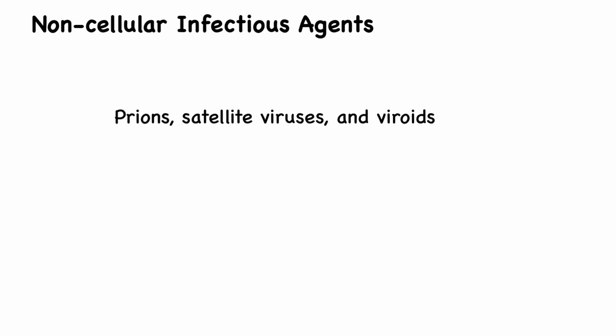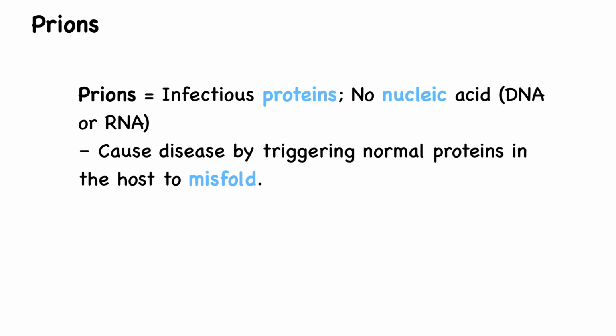Not all non-cellular infectious agents fit the traditional definition of a virus. Some are even simpler, lacking many or all of the structures we usually associate with life. These are known as non-cellular infectious agents, and they include prions, satellite viruses, and viroids. Prions are the most unusual of all.